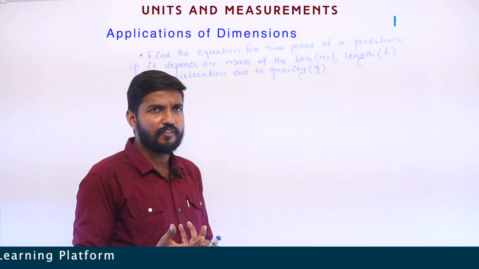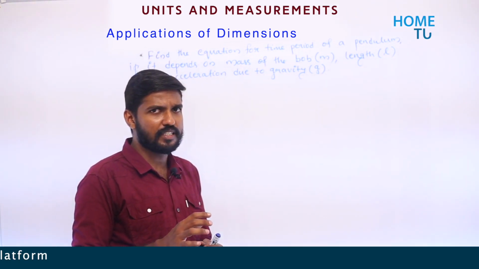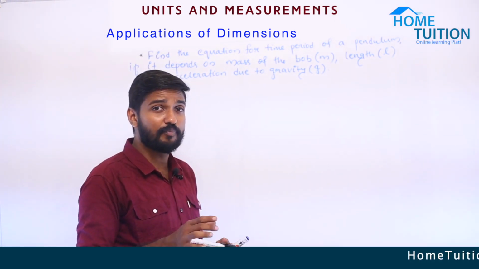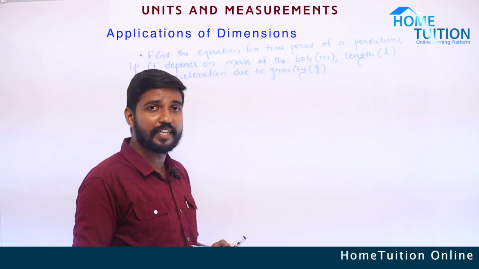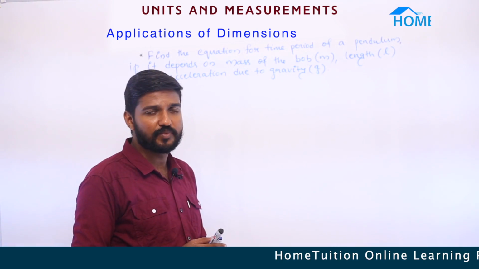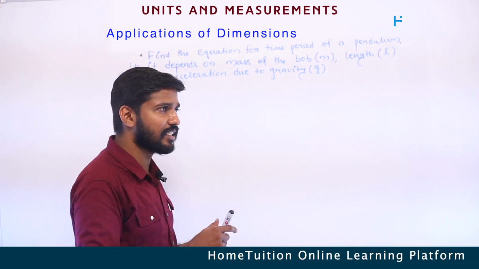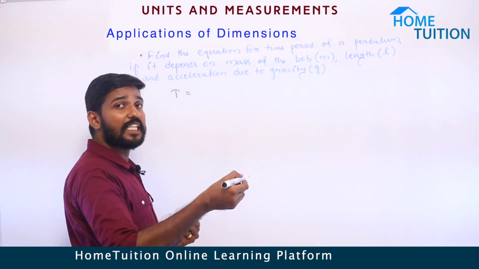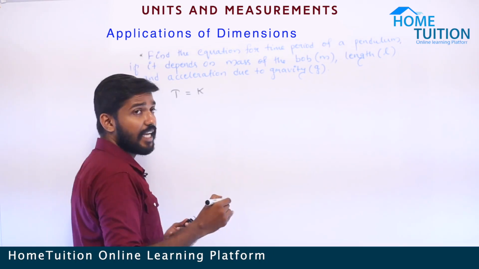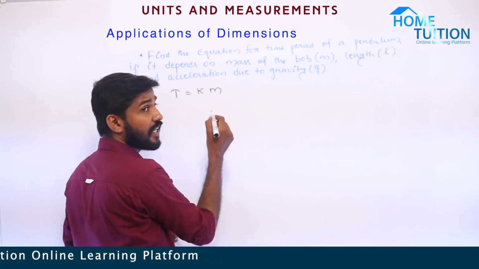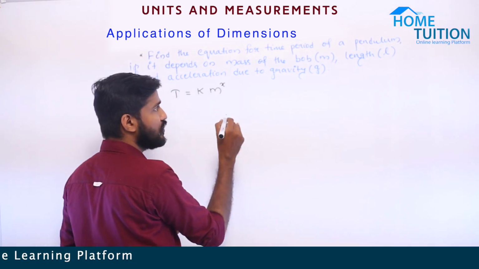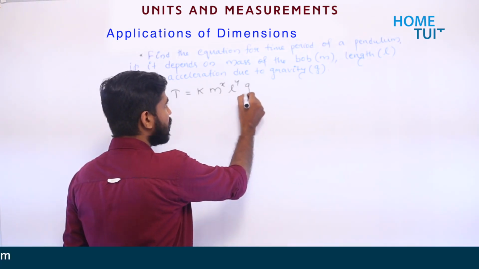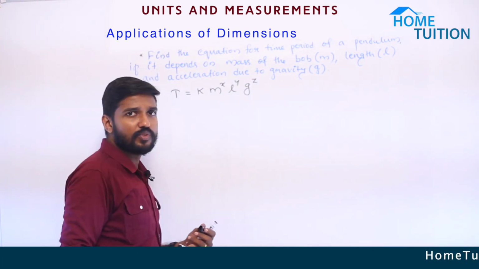So the dependence of the time period on mass, length and acceleration due to gravity can be expressed as a product of all these quantities, like this: T equal to a constant k into m raised to x into L raised to y into g raised to z.